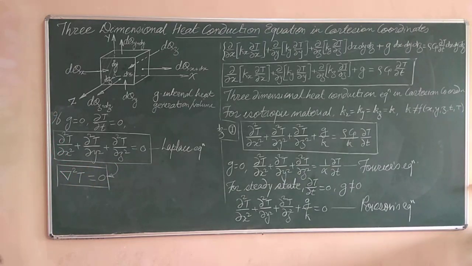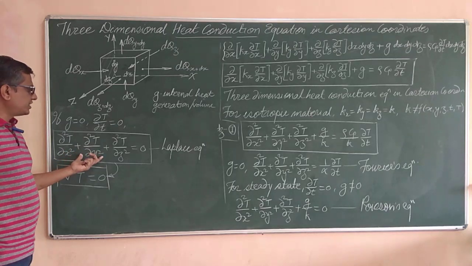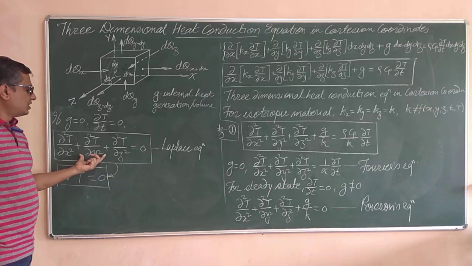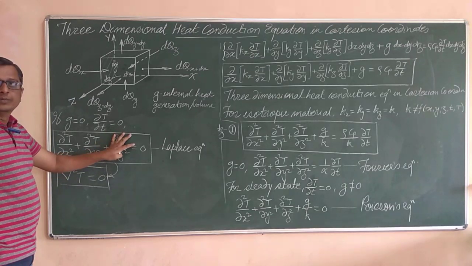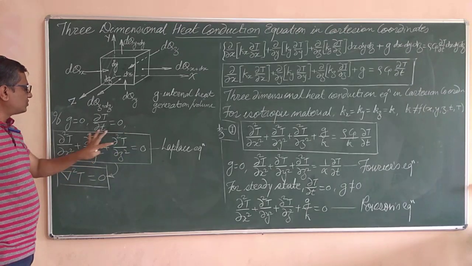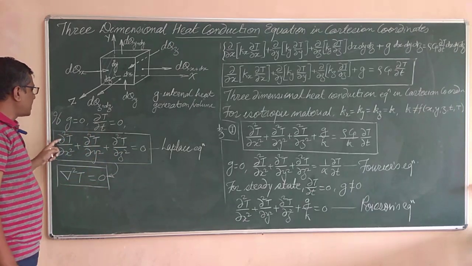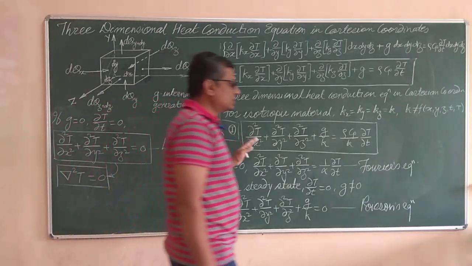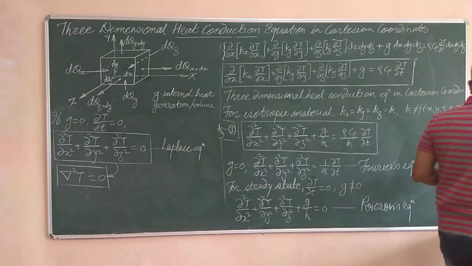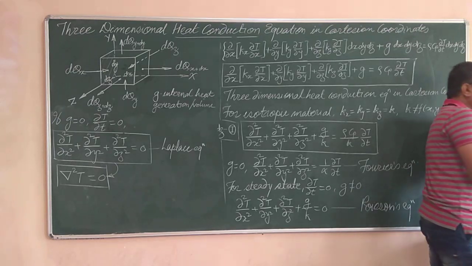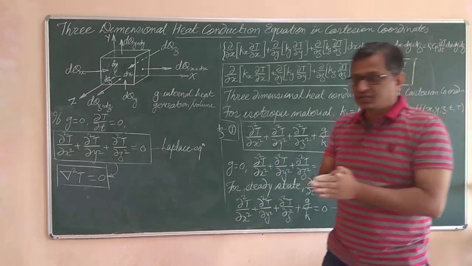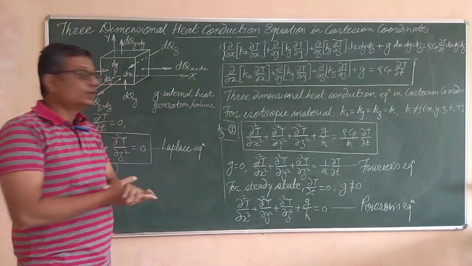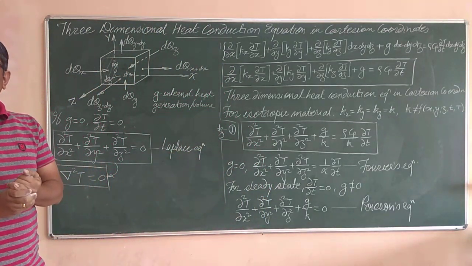Next, this is the equation for steady state heat conduction with no internal heat generation and three-dimensional heat flow. If I make it two-dimensional heat flow, this term will be eliminated. If I make it one-dimensional heat flow, both the terms will be eliminated, and it will be only ∂²T/∂x² equal to 0. And this is all about the heat conduction equation in three-dimensional coordinate system with internal heat generation and with unsteady state. So I think for today we should stop over here.